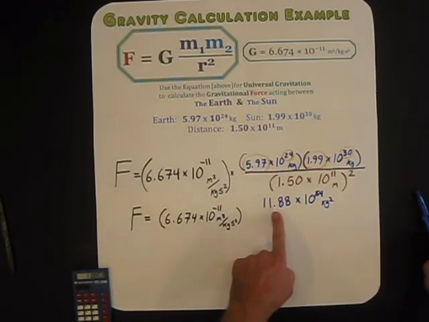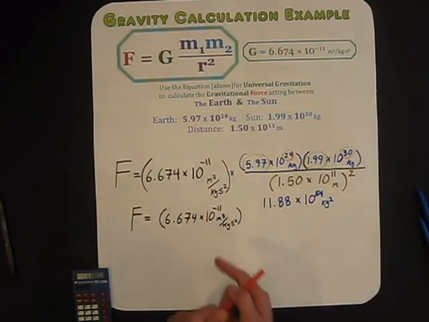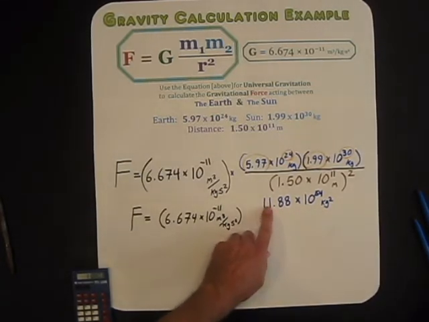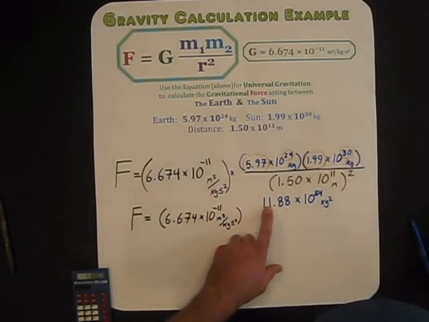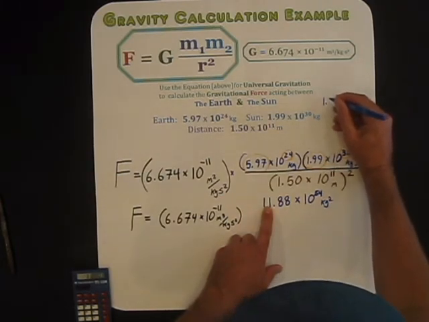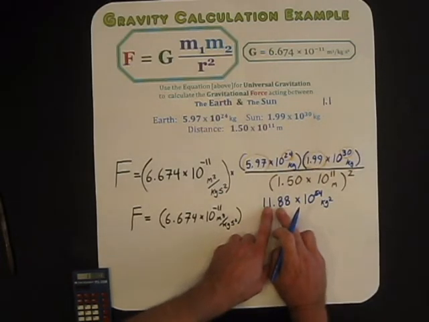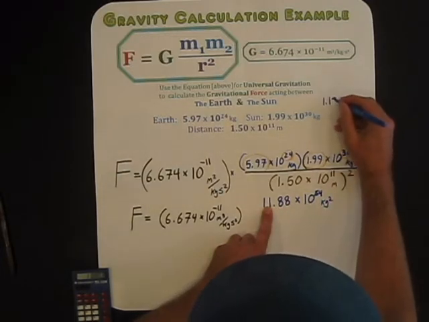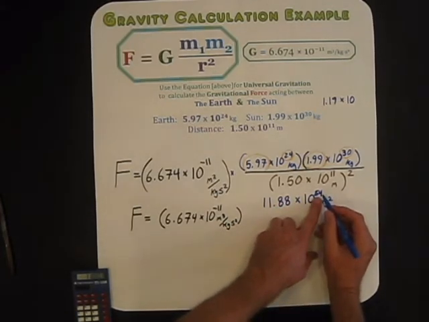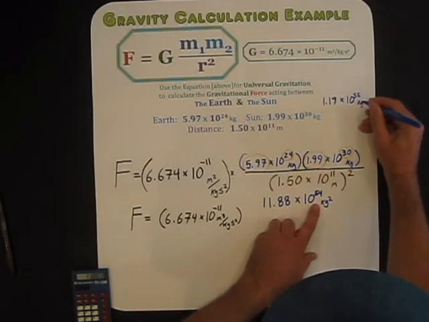Oh, but wait, of course we want to move the decimal over to get it in proper scientific notation. So really what this would be, if I were to write it correctly, I would move the decimal over 1, and then it would be 1 point 1, and if I were to round to that position, this 8 would round up to a 9, 1.19 times 10 to the, I'm going that way, so what would that change the exponent to? 55th kilogram squared.